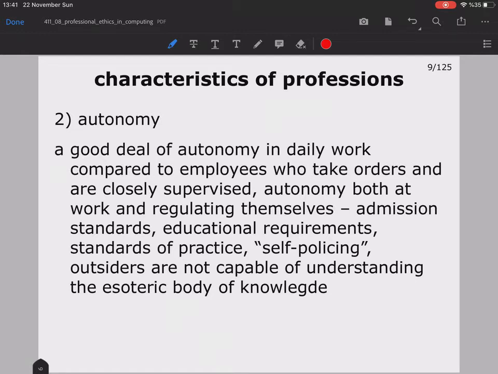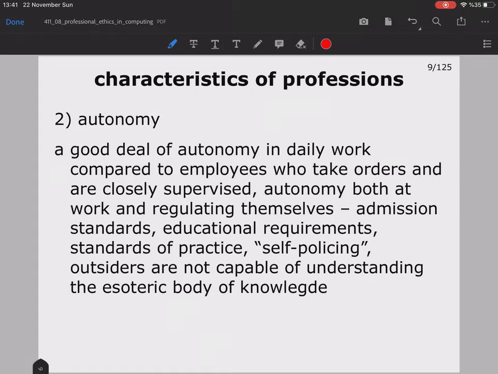When we talk about autonomy, both while working and when they're regulating themselves within that profession, they can set some admission standards. They can set some educational requirements on their own. The members of that profession will decide on this.